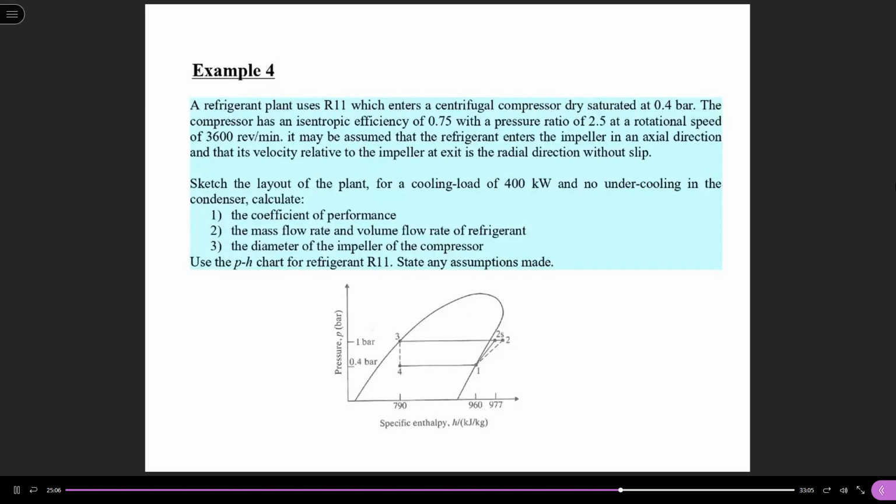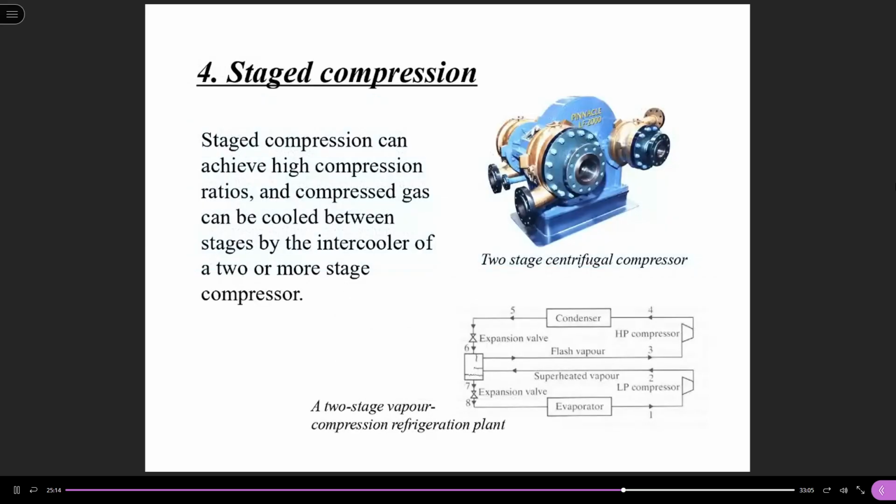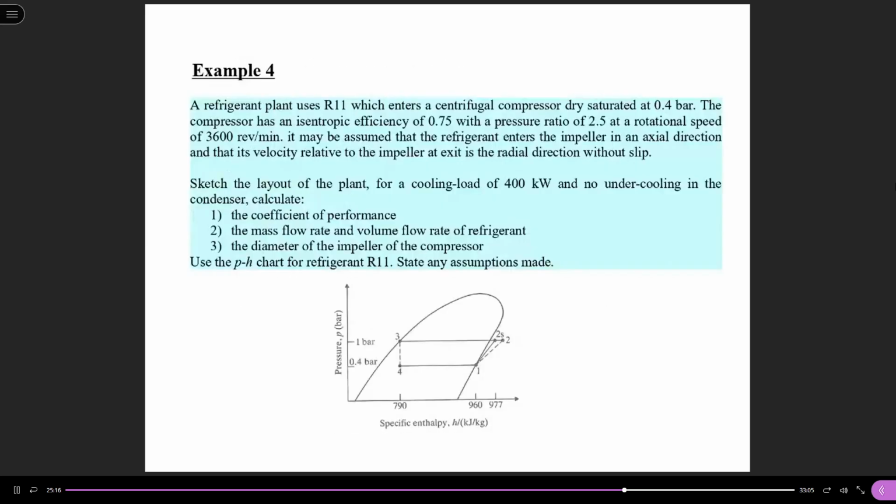And also, there are examples we can see. We have an example in our teaching note regarding the compressor.